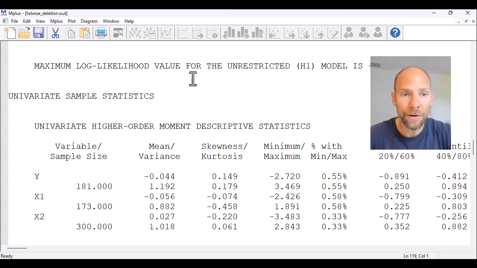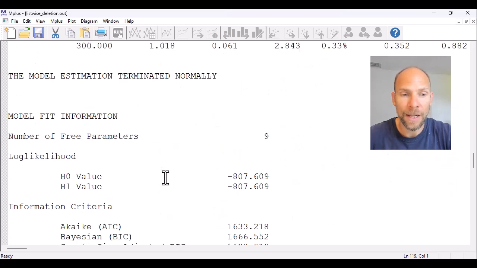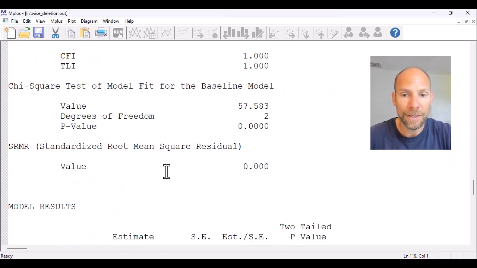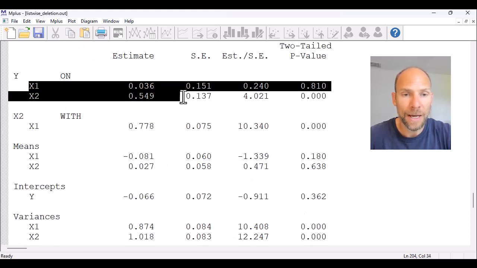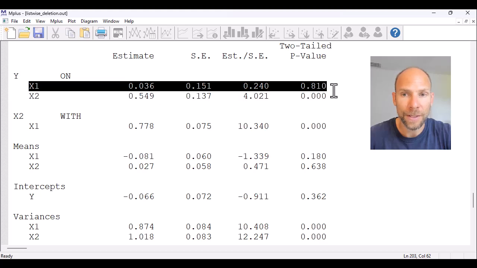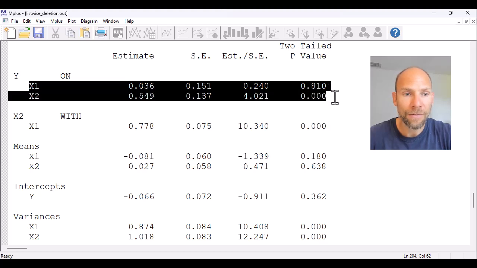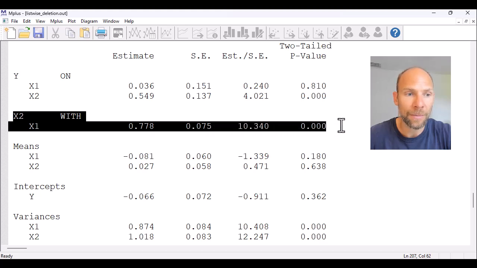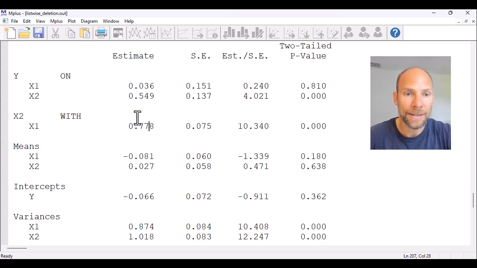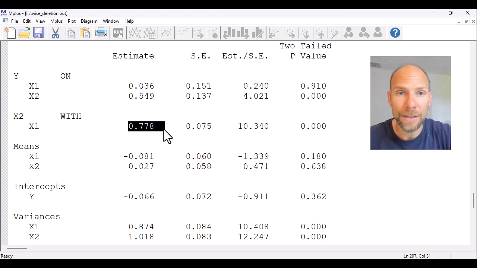We get the univariate sample statistics as well, and then our regression parameters at the bottom, the regression slope coefficients under on with tests of significance and p-values, and we get the correlation between the exogenous x variables. Here in this case, in the unstandardized solution, this is the covariance. In the standardized solution, this would correspond to a correlation. So this is what we usually get in Mplus, including missing data.